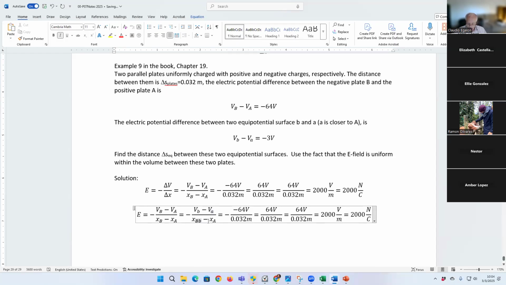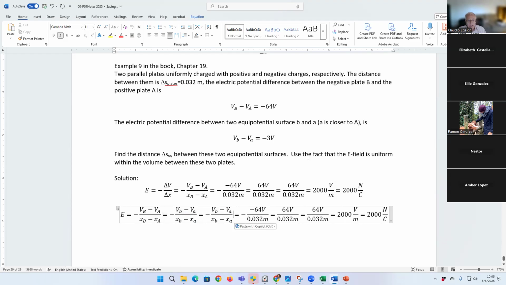Now you have to use lowercase b minus lowercase a is minus 3 volts. And we want to know this one here. I'm going to highlight it. That's what it is asking.